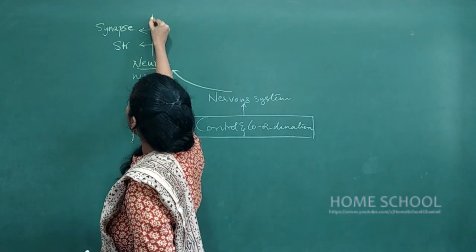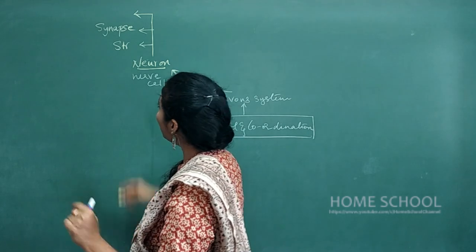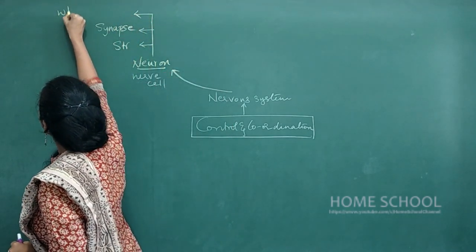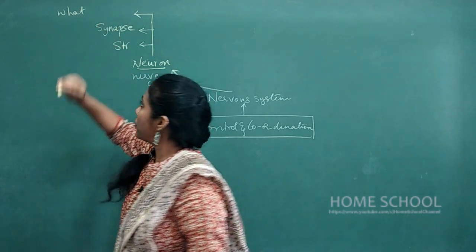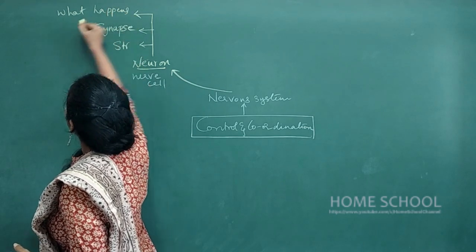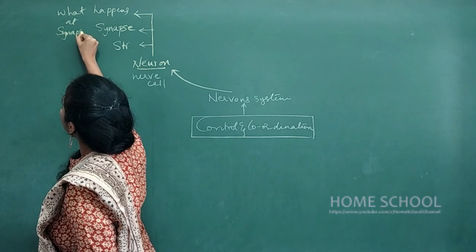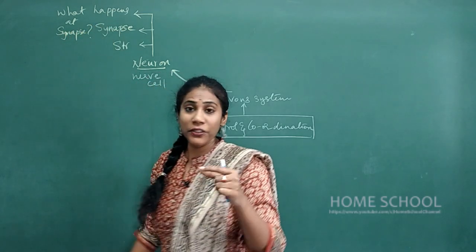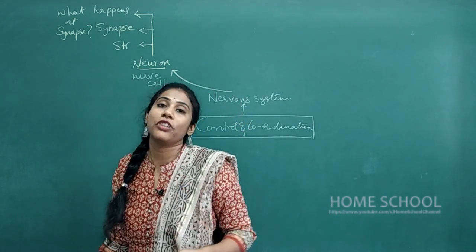Coming to the third aspect that you have to learn under neuron is, what happens at synapse? This is a very famous question that you can expect from this chapter. You need to explain the things that are happening between the two neurons.